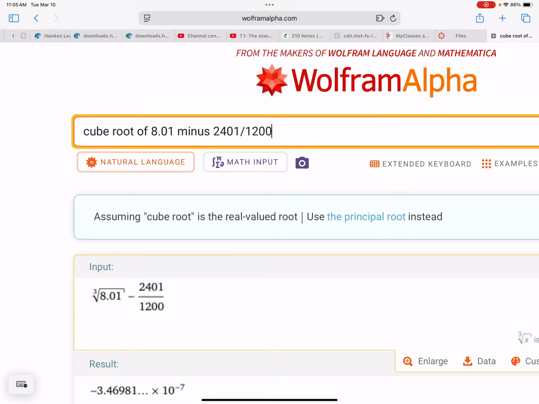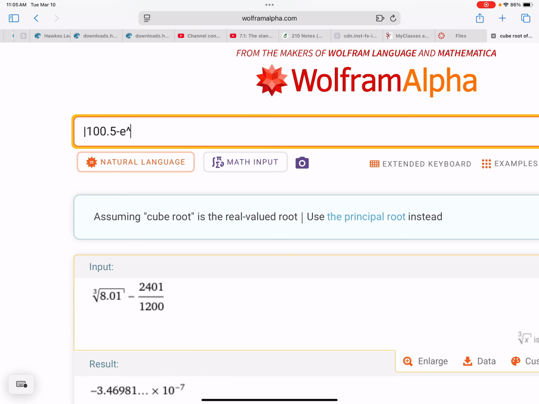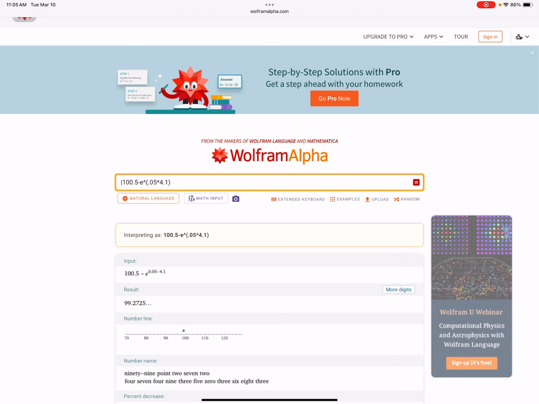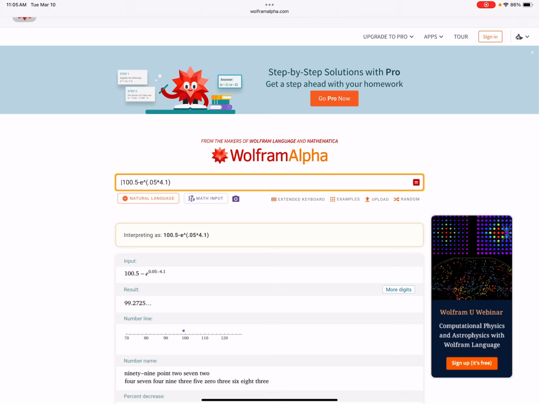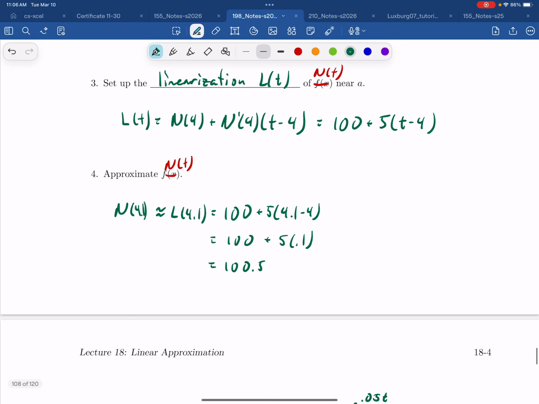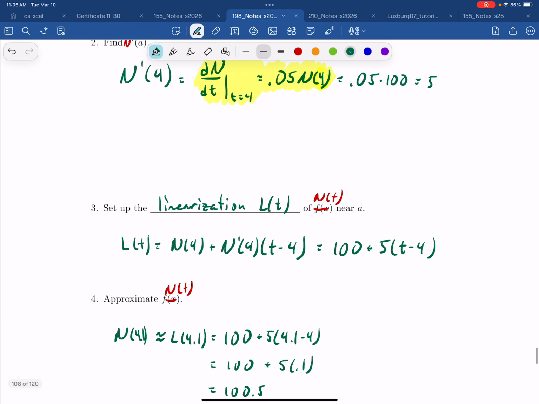Here we have 100.5 minus e to the 0.05 times 4.1. See what that gives us. Hold on a sec. I think I may have... Is this e to the 4.5?